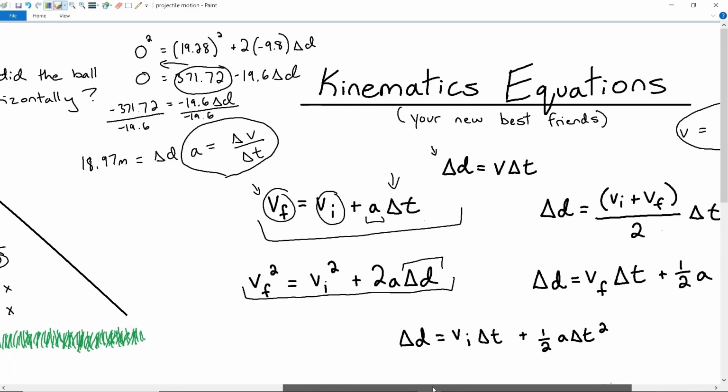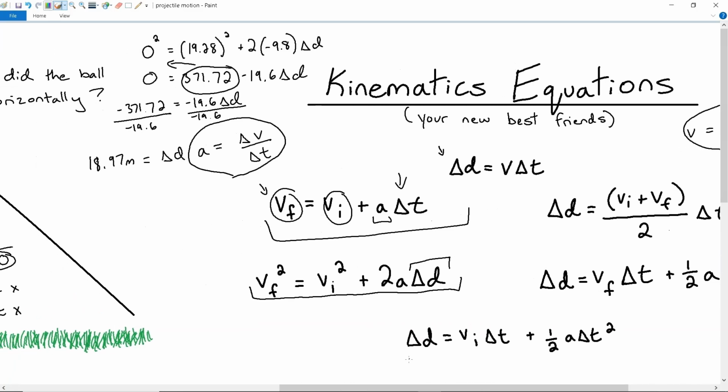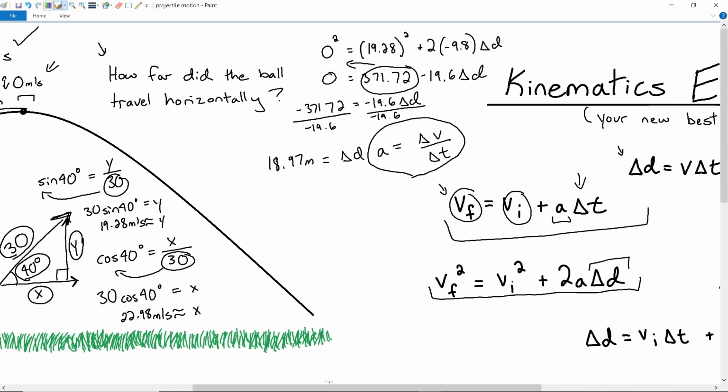And here's how I'm going to do that. Just going to give myself more space again here. If I were to think about what VF is going to be, I have a couple of options. I could either stick with the fact that at the ball's apex, it's going to have a vertical velocity of 0. So let's try that.